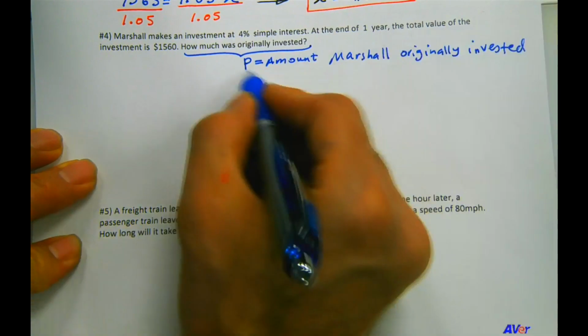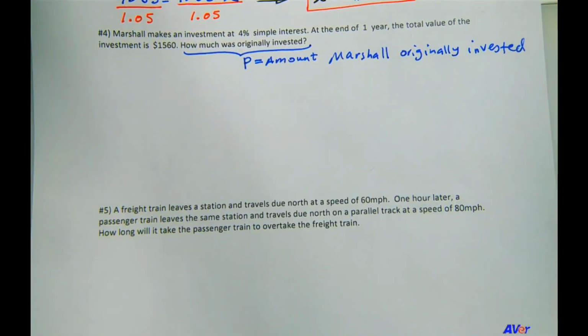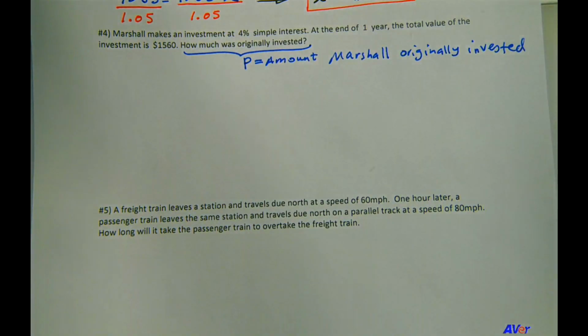If you don't introduce your own variable, you cannot begin to solve a problem. It is hopeless if you just try to use numbers. You've got to introduce a variable, and we just did that.